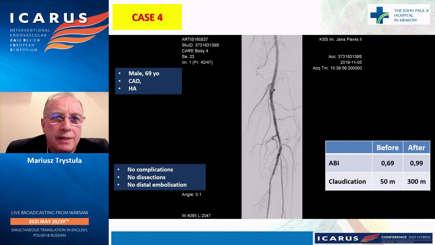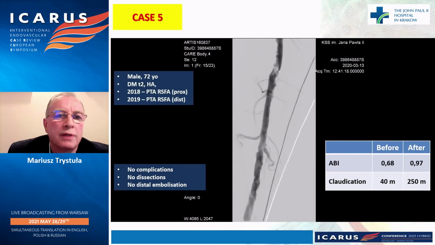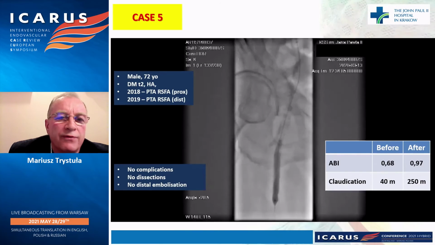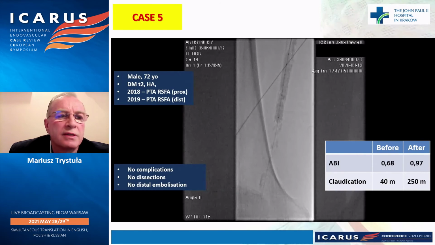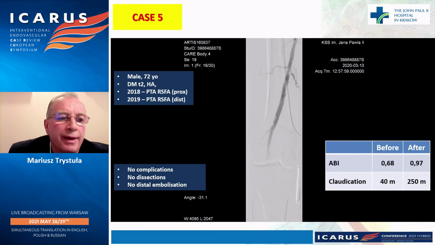And the last case: male, 72 years old, diabetes, hypertension, in 2018 PTA of SFA in proximal part, 2019 PTA of SFA in distal part, with very calcified plaque, with significant stenosis of common femoral artery, proximal and distal, instead of stenosis of SFA, no deep femoral arteries.